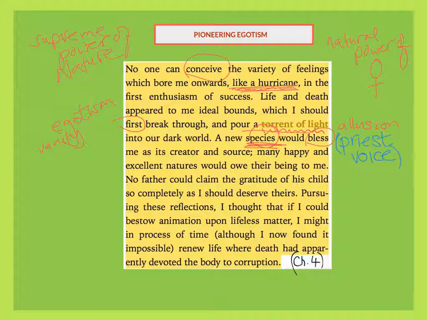Now, that brings us, as well as all these God complex ideas, to a very important split and division here. Victor says, many happy and excellent natures, nature again, would owe their being to me. Okay, now, yes, you can create life through reanimated parts of corpses, but there's a difference here between creation, that Mary Shelley wants you to look at, and nurture and kindness.